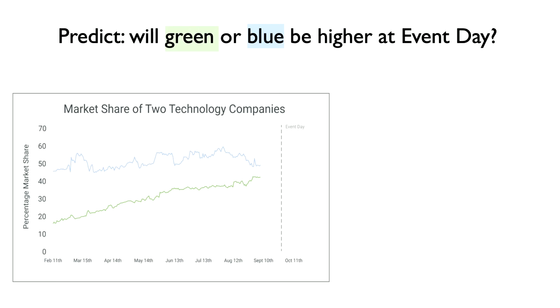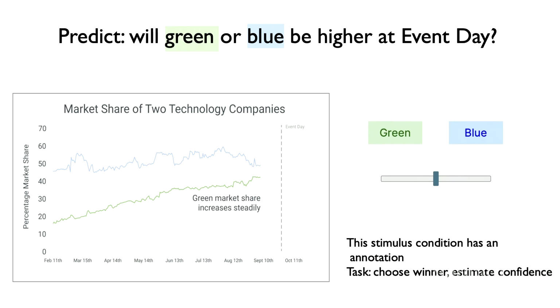And there's another version with bar charts where the blue is always higher, but the green is always increasing. And so it's very much personal visual preference, which people choose to think is going to win. So it's a prediction problem. What we wanted to do is see if we put text on this, would it influence people's predictions?